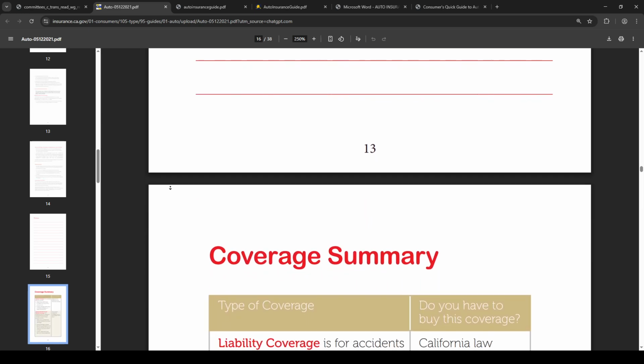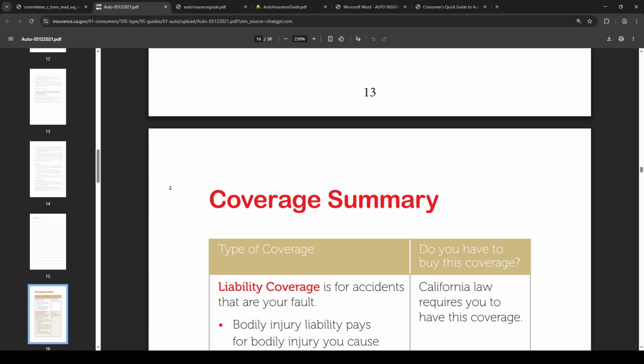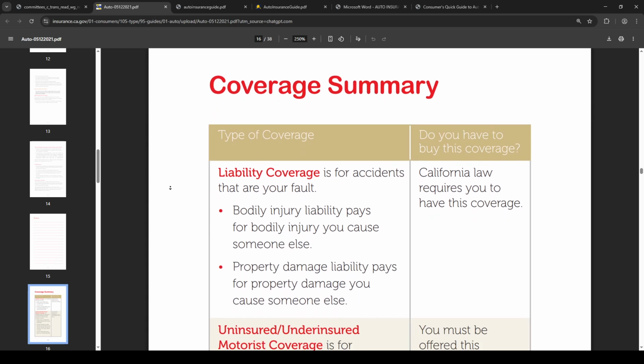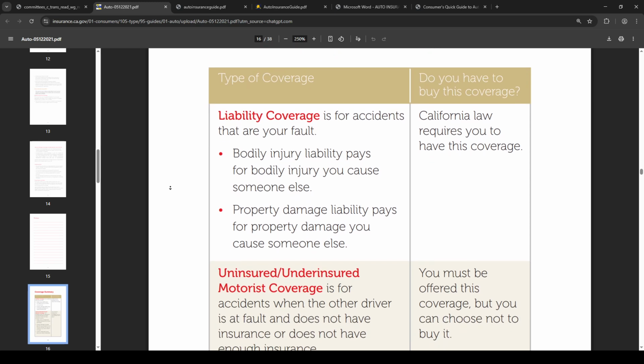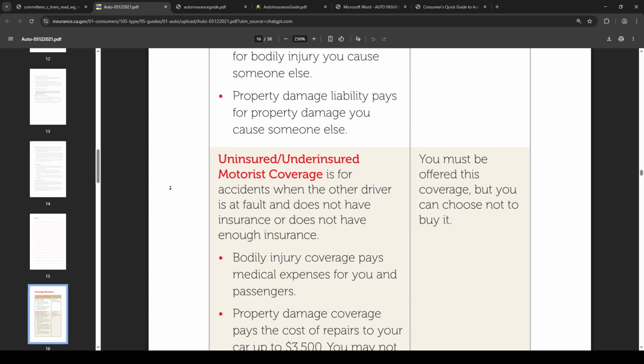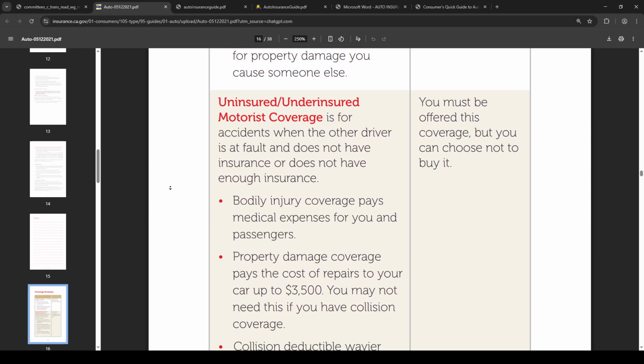Here is how to think about value. If the premium difference is small, the upgrade is usually a strong deal. If a premium difference is large, you compare it to the financial downside you are avoiding, and you consider alternatives.